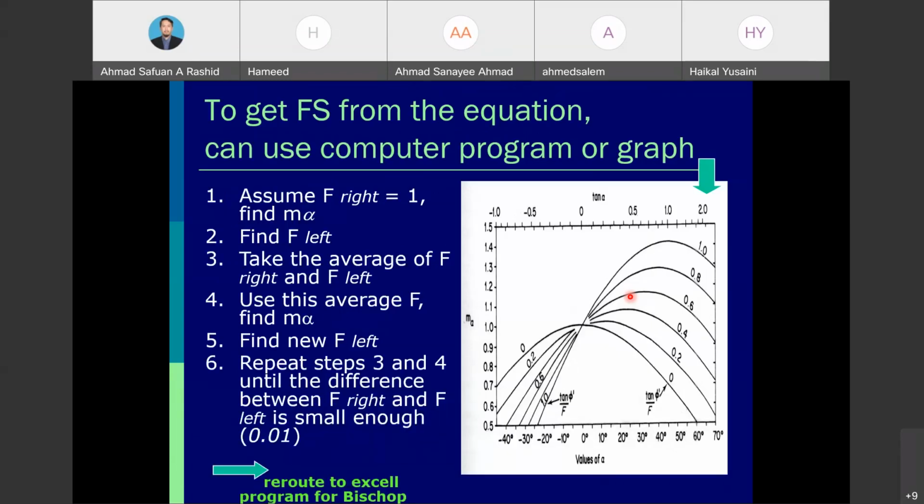So this is a sort of approach by which we can determine the MA. However, we can do it manually, without using this kind of graph. We may discuss later when we look at the example.